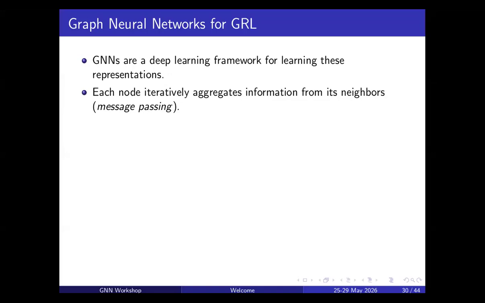And during this message passing process, each node aggregates the information from its neighbors. This aggregation is a kind of linear combination like in a neural network, so this aggregation is performed by a neural network. It will capture the information from different nodes and create a new updated message. In the next iteration, this message will be passed to the next level. Maybe in the first iteration, it will consider the immediate neighbors.